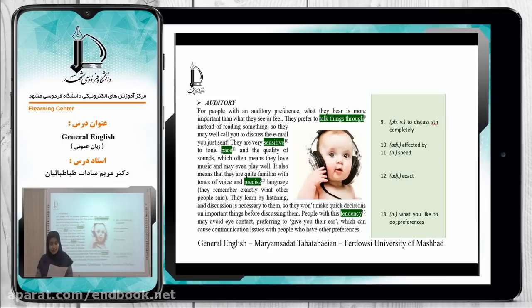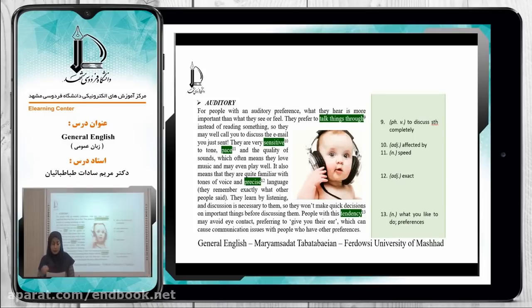People with this tendency may avoid eye contact, preferring to give you their ear, which can cause communication issues with people who have other preferences. What is the meaning of tendency? Yes, it means preference, something you like to do.